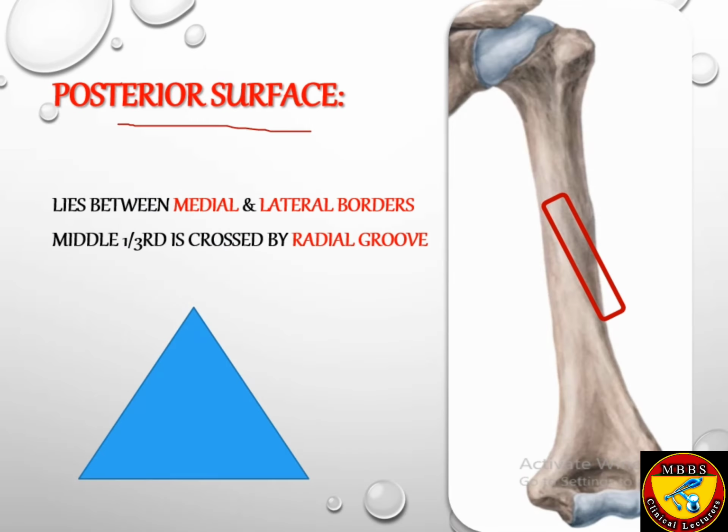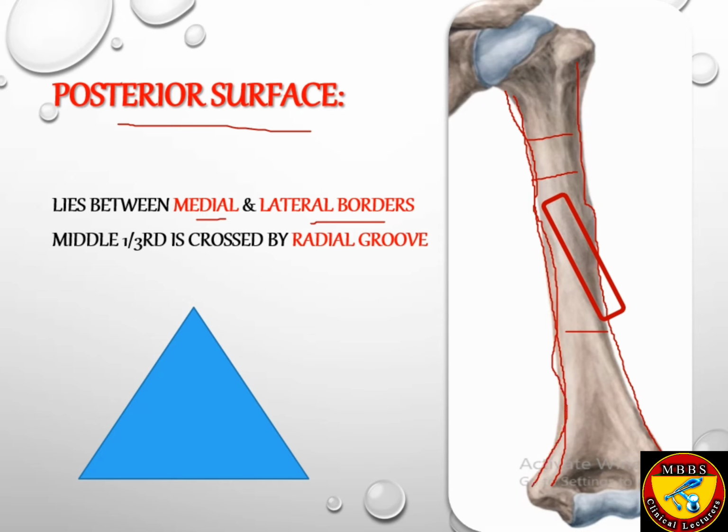Posterior surface lies between the medial and lateral border. This is the medial border. This is the lateral border. As we already discussed, the medial border starts from the medial lip of the intertubercular sulcus anteriorly, and then it comes down and forms the upper part of the medial supracondylar ridge.